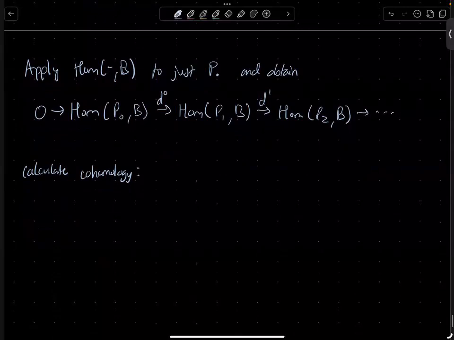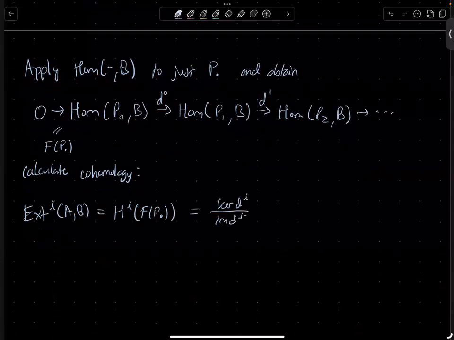We get the x groups. So then that's x^i(A,B) is equal to H^i of F of P lower bullet, and that's the kernel of d^i mod image of d^(i-1), like before.